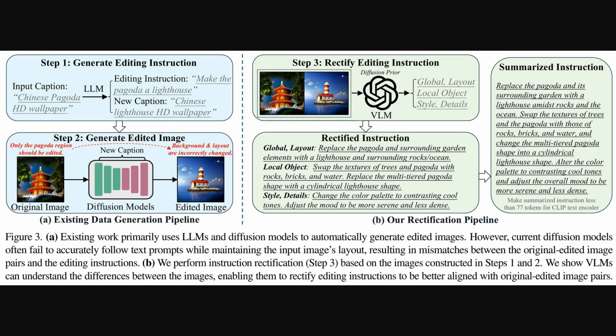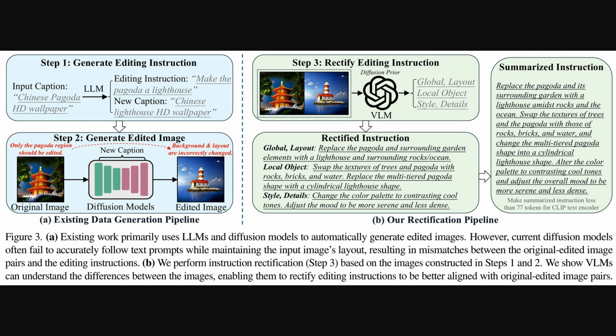Alright, so we've talked about how SuperEdit understands the stages of image generation, those diffusion generation priors. Figure 3 now directly contrasts SuperEdit's approach for creating editing instructions with existing methods. Panel A shows a typical pipeline where a large language model, an AI trained on vast amounts of text, generates an instruction.